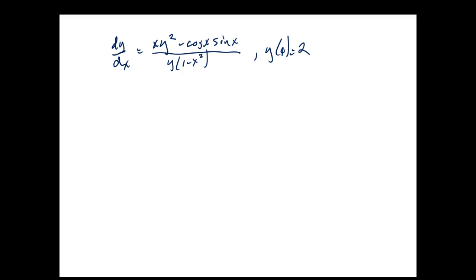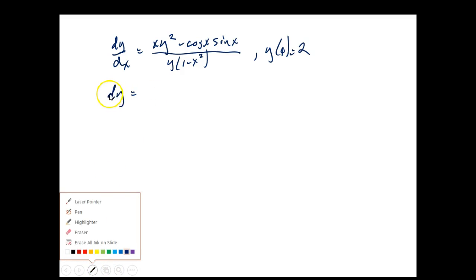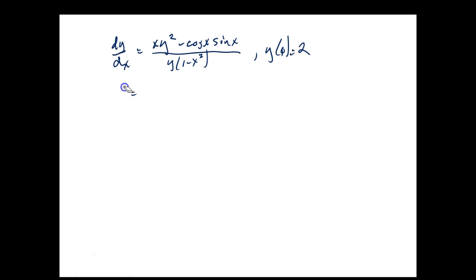But let's write it in differential form. I'm going to change it slightly. Let's multiply both sides of this equation by y times (1 minus x squared).